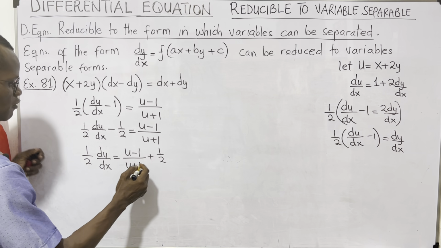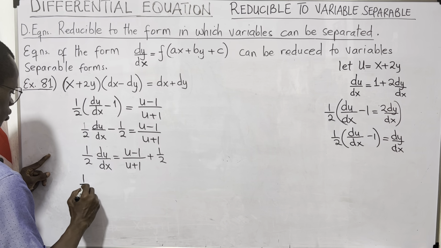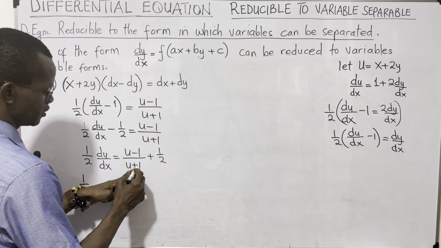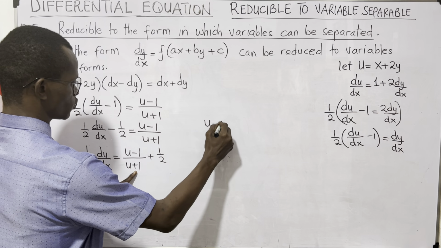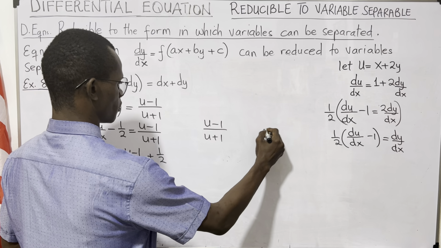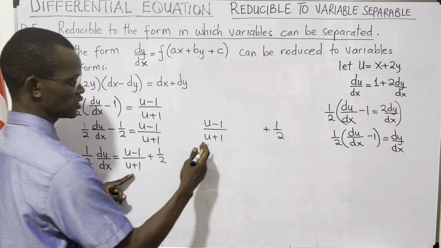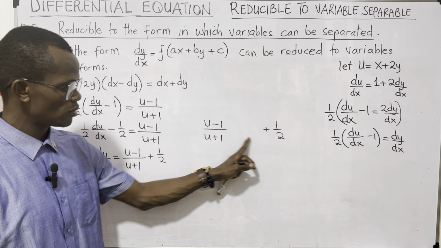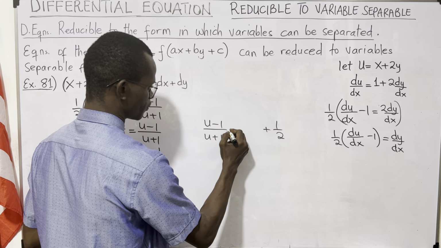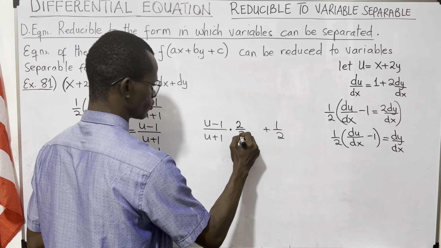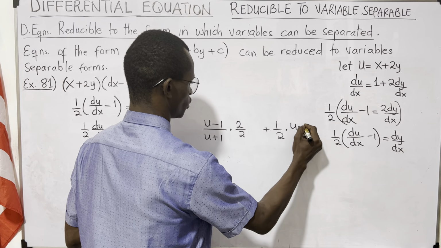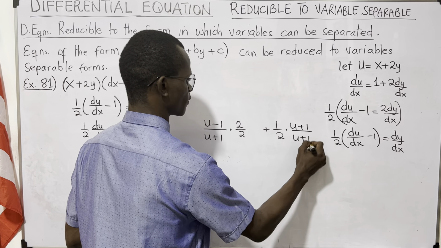So we're going to have the LCD for these two expressions. The first denominator is u plus 1, with numerator u minus 1, and then this is plus 1 over 2. Since the denominators are different and we want to make them the same, we can take this second denominator and multiply by 2 over 2, and take this first one and multiply by u plus 1 over u plus 1.